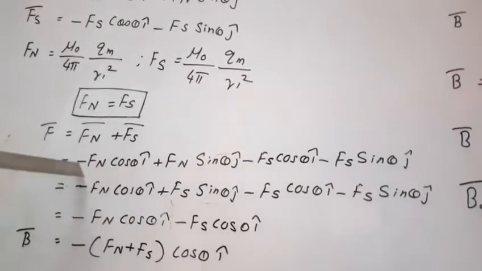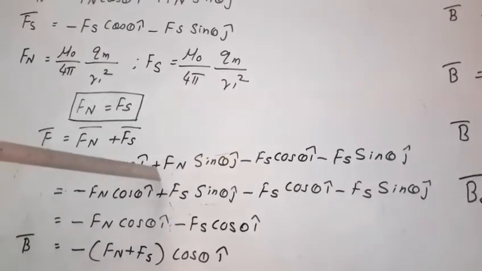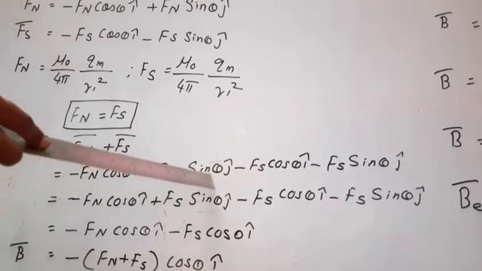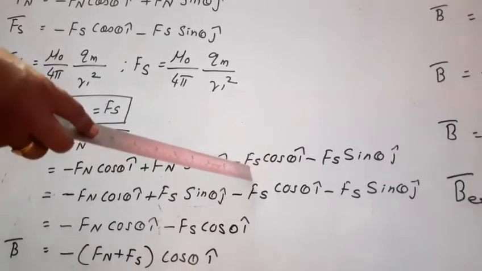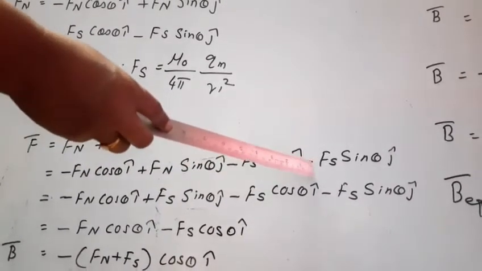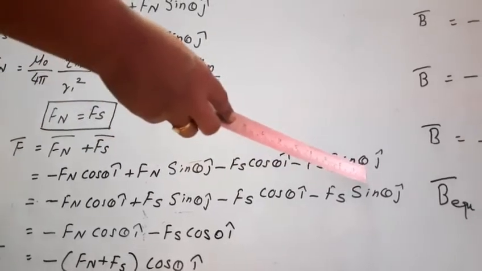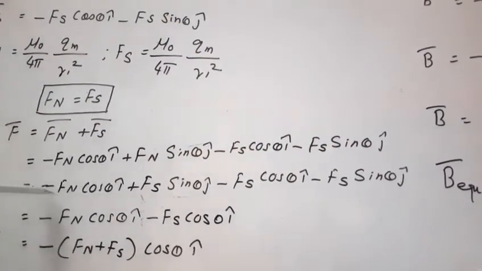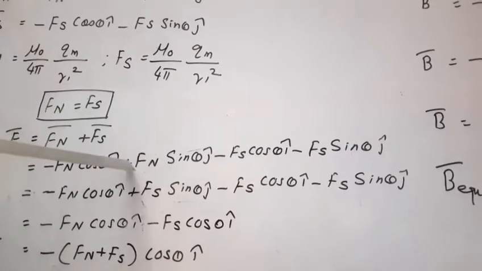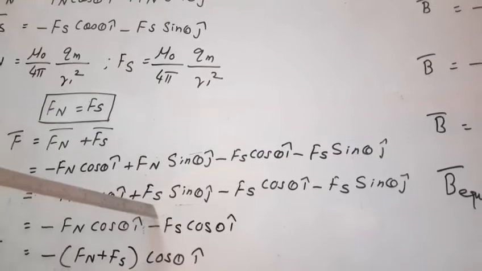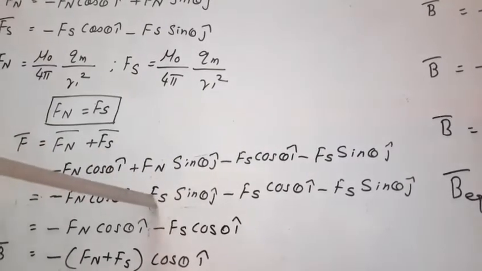Therefore, F is equal to minus Fn cos theta i cap plus Fn sin theta j cap minus Fs cos theta i cap minus Fs sin theta j cap. Here we already know that Fn equal to Fs. So in the second term, instead of Fn, I use Fs.